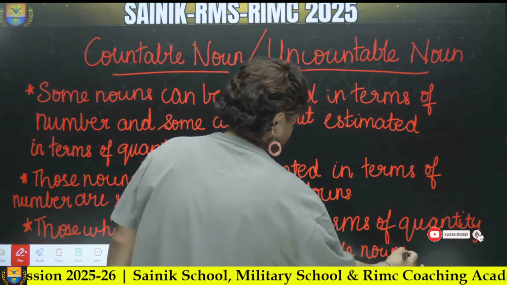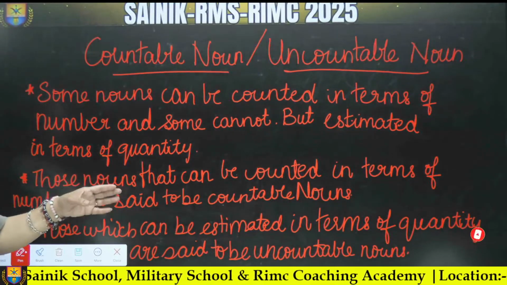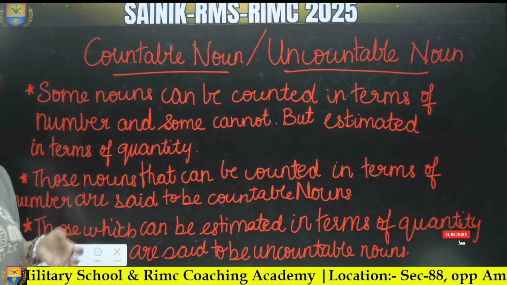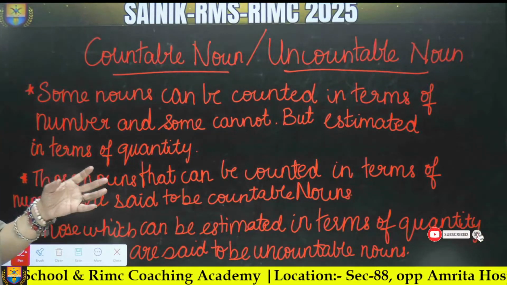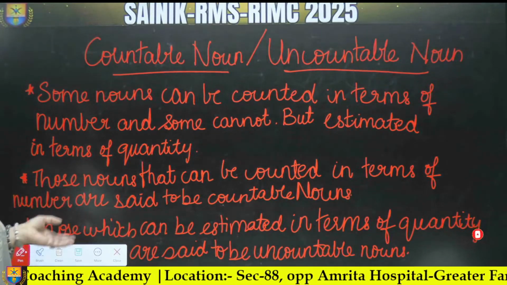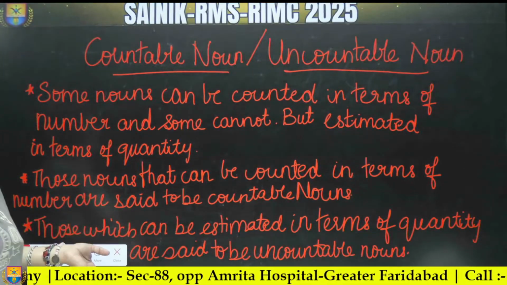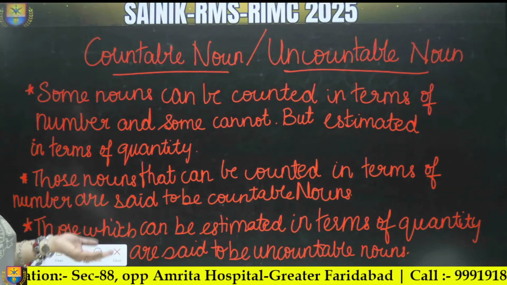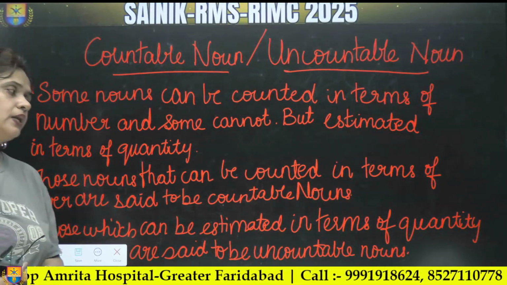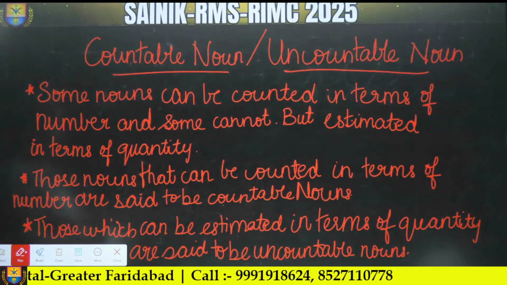Okay, so we have those nouns which can be counted in terms of number, which we can count, to which we can give a number, they are your countable nouns. Those which can be estimated, we can only make an estimate, there might be this many, in terms of quantity, on the basis of quantity, are said to be uncountable nouns.